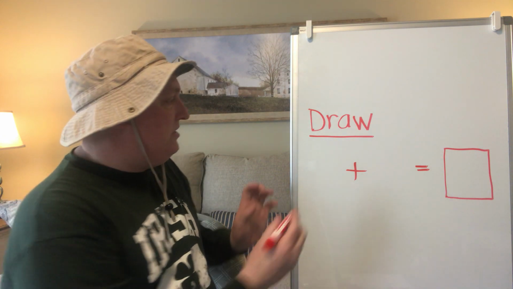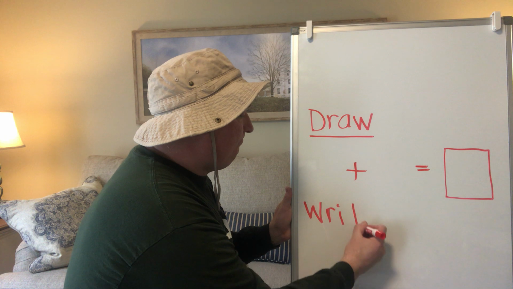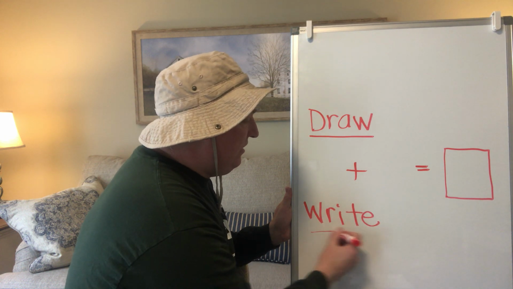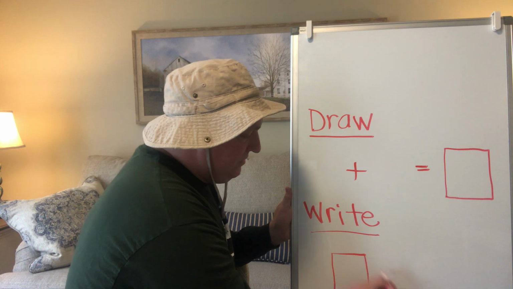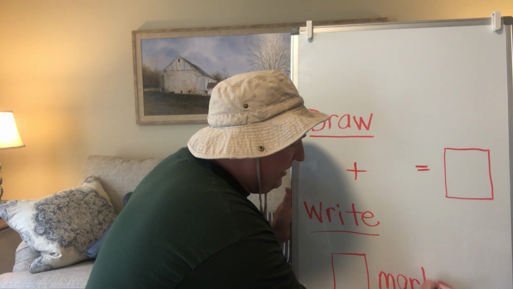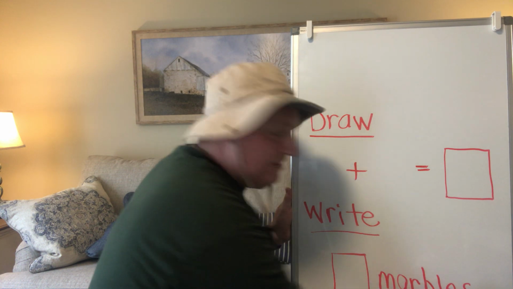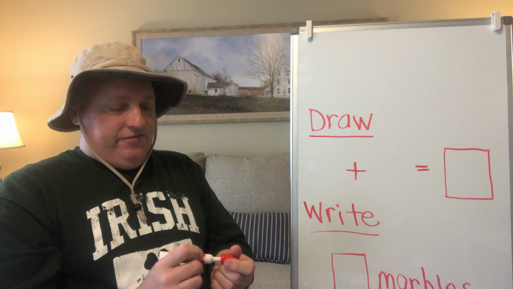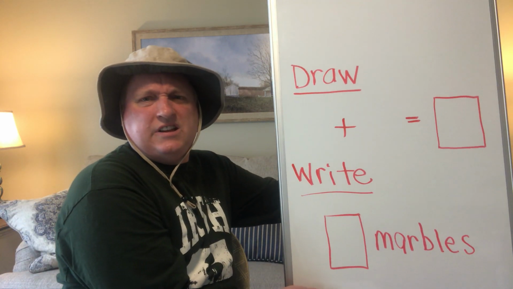When you are done, in the write section, you need to tell us how many marbles. Now, if you can't spell the word marbles, it's on the paper. So I always tell my friends, let's hold that up so you can see it.